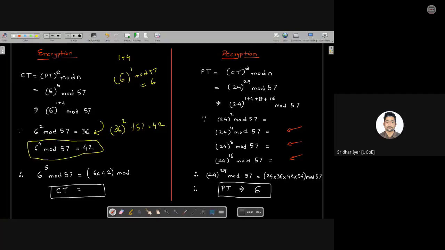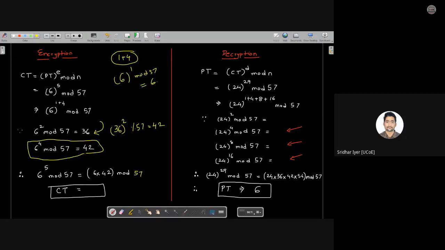And we know that 6 raised to 5 can be written as 6 raised to 1 dot 6 raised to 4. That comes out to be this. Kindly calculate this and let me know what is the answer. So basically, we will be multiplying 6 into 42 and taking the result mod 57.